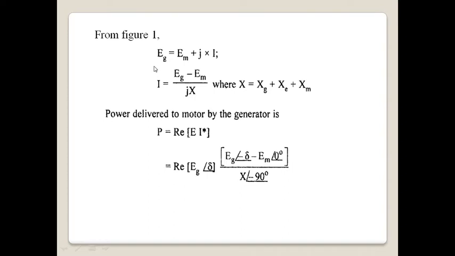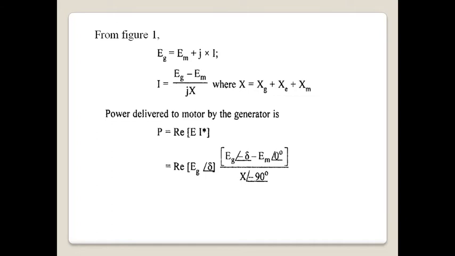This is EG equal to EM plus jXI. Now how can we write I? I is equal to EG minus EM upon jX, where X is XG plus XE plus XM, the addition of all reactances. Here we have considered a lossless system.